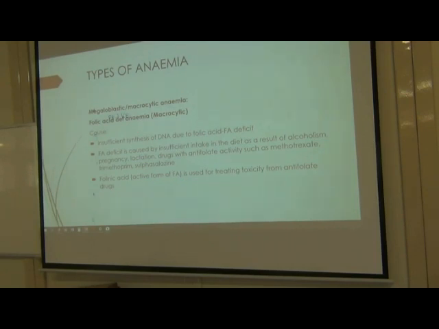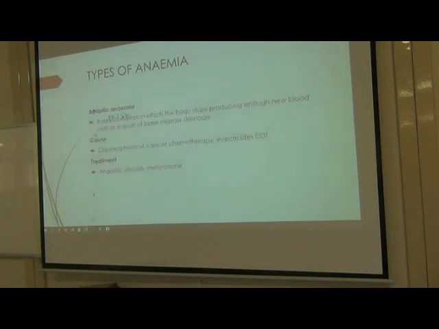Trimethoprim and sulfasalazine are other examples of such. So the toxicity from methotrexate can be treated with folinic acid.